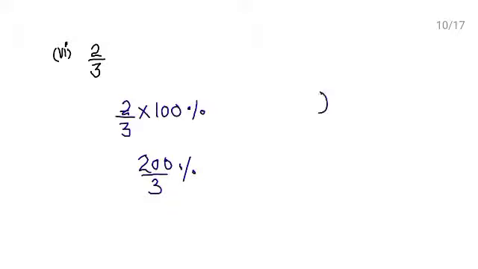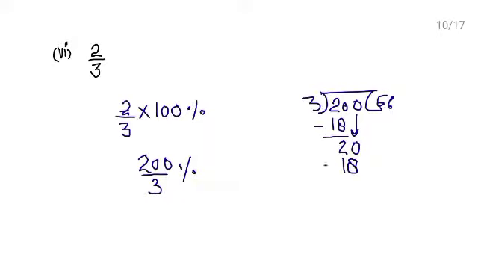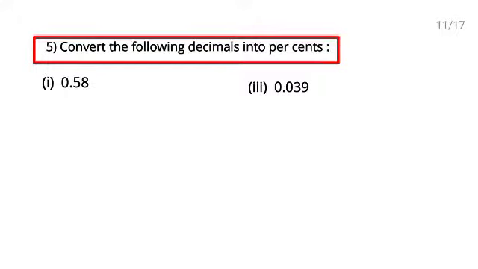This is an improper fraction, so change it into the mixed. 3 sixes are 18. Subtract, 2. Copy down the next digit. 3 sixes are 18. Again 2. So this is 66 whole 2 upon 3%. This is your answer.